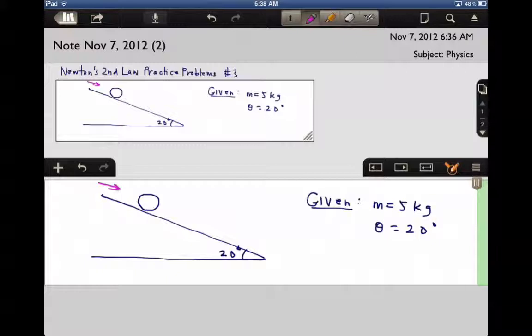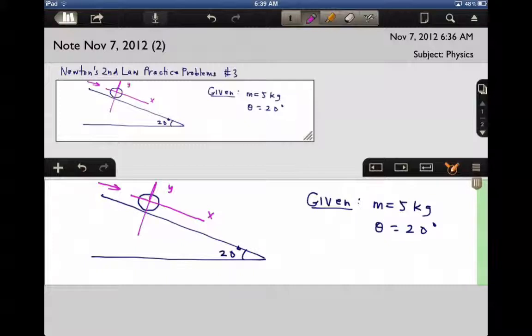So I'm actually going to put an axis for my picture that looks like that. In fact, on the worksheet diagram, the axis was already drawn for you. This would be our x direction, and the y direction will be perpendicular to that. So that would be y.